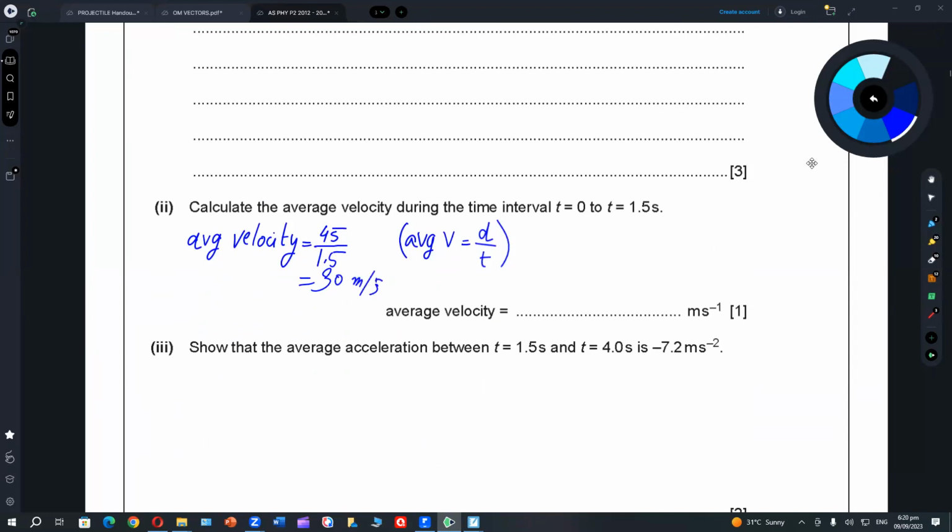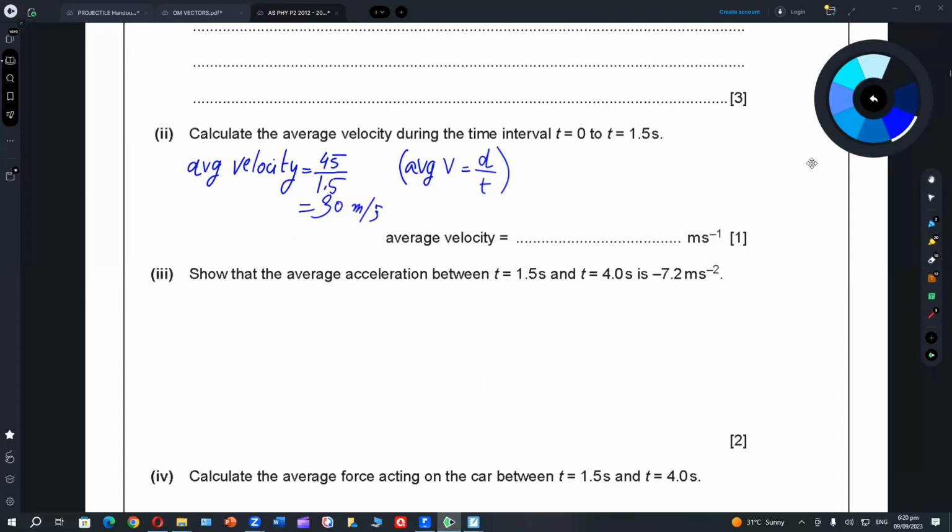Yes, sir, 30 is coming. Okay, then you have to keep your mic off in between so we can see what is the possible reason. Show that the average acceleration between t is equal to 1.5 and t is equal to 4 is minus 7.2.